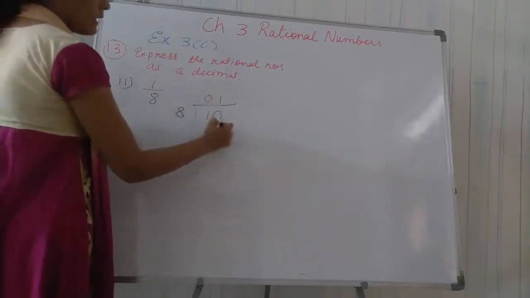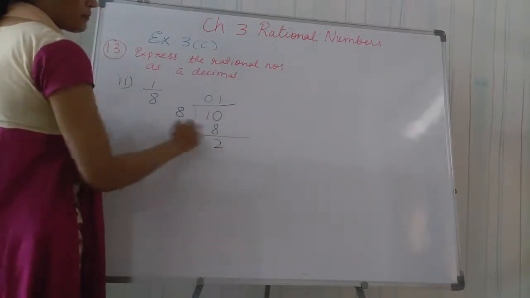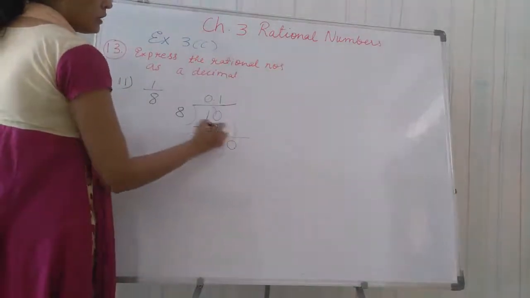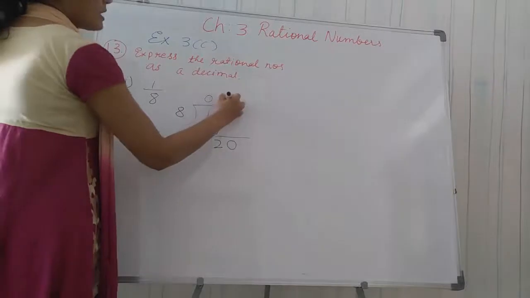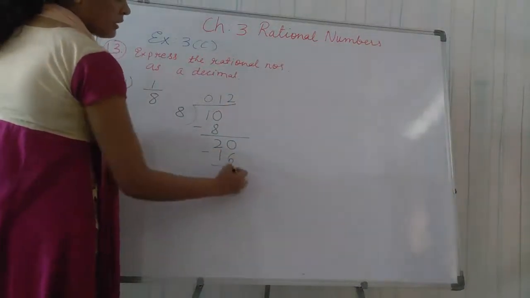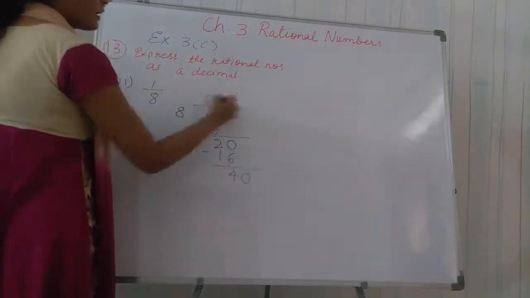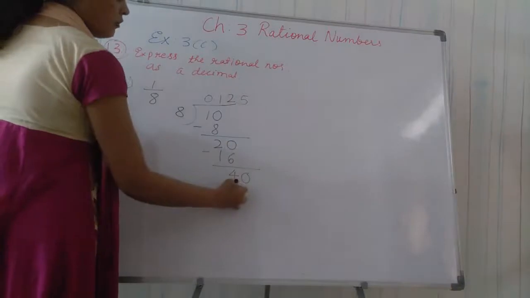So 8 1s are 8. I subtract it, so I get 2 here. One more 0 I can put here, so that 8 2s are 16 I get. By subtraction I get here 4 and one more 0 I put here, so I get 8 5s are 40.